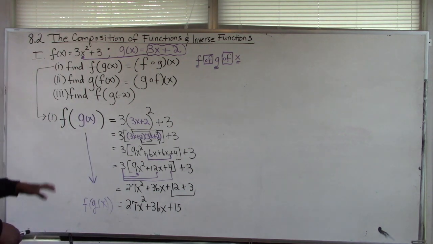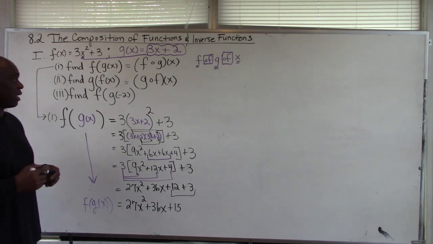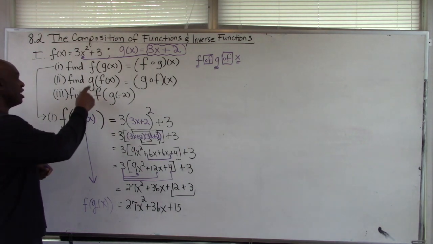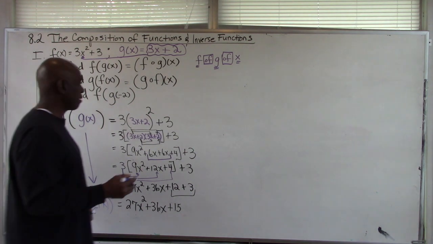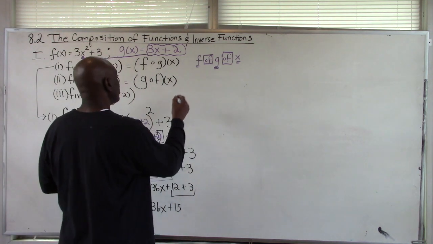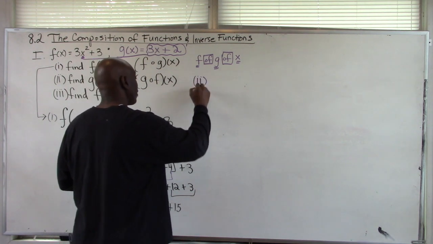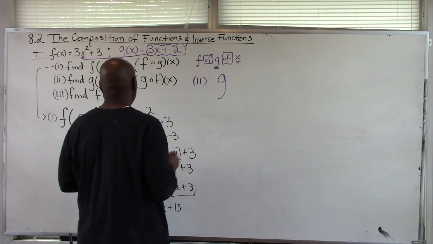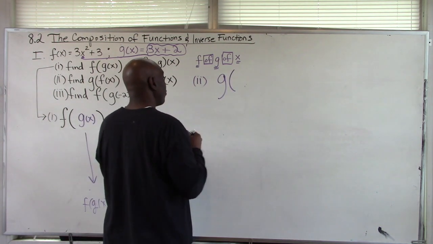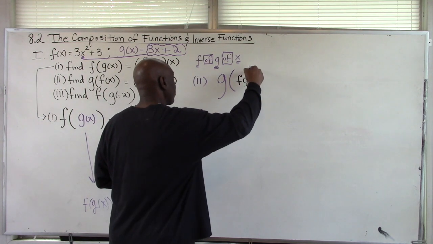All right, that's part 1. Part 2. Now let's go the other way. Let's find g of f of x. So this time g is on the outside. All right, so number 2, I want to find g of f of x.